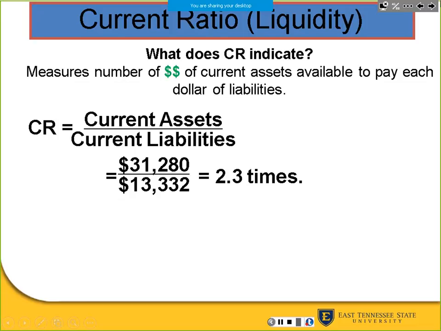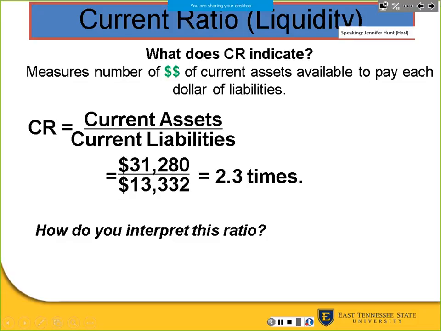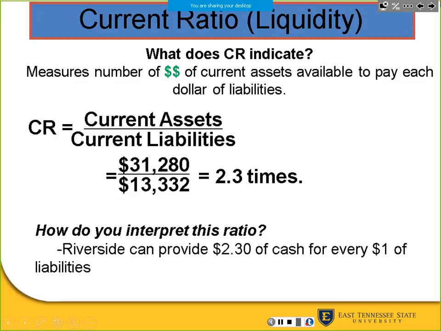So how would you interpret this ratio before we move on? We know this is telling us the number of dollars of current assets available to pay each dollar of liabilities, and we know the ratio is 2.3 times. 2.3 times the amount of our liabilities available. Right, you're along the right line.